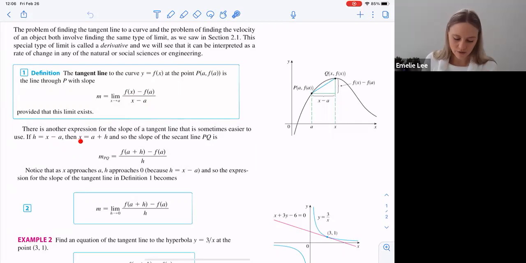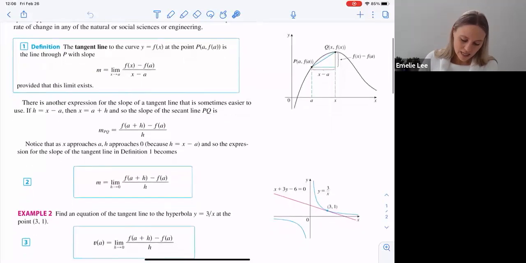So if I take the limit as x approaches a of f of x, but x is now a plus h, that's how I get to f of a plus h up here. f of a has nothing to do with x, so it doesn't care, and then over h instead of x minus a. So really I'm just letting the run be h and rewording it.